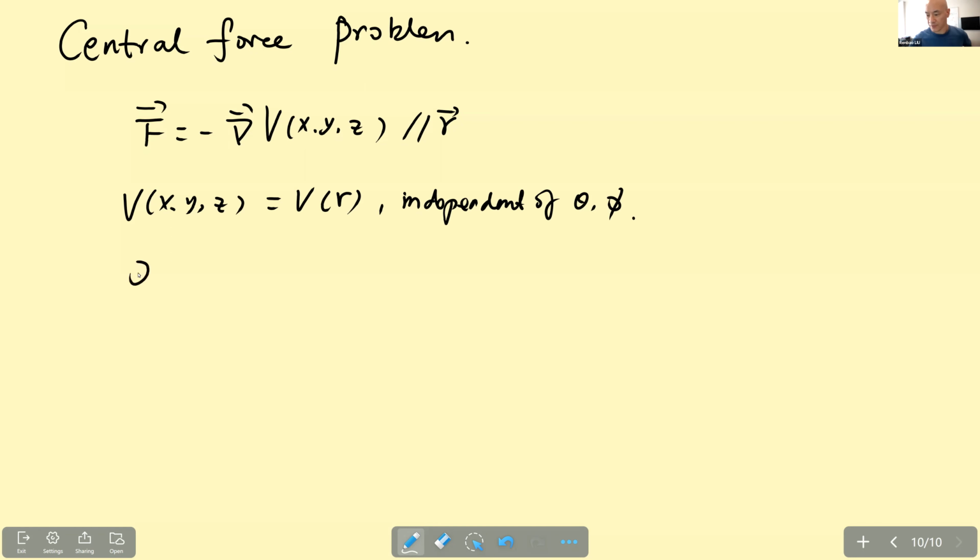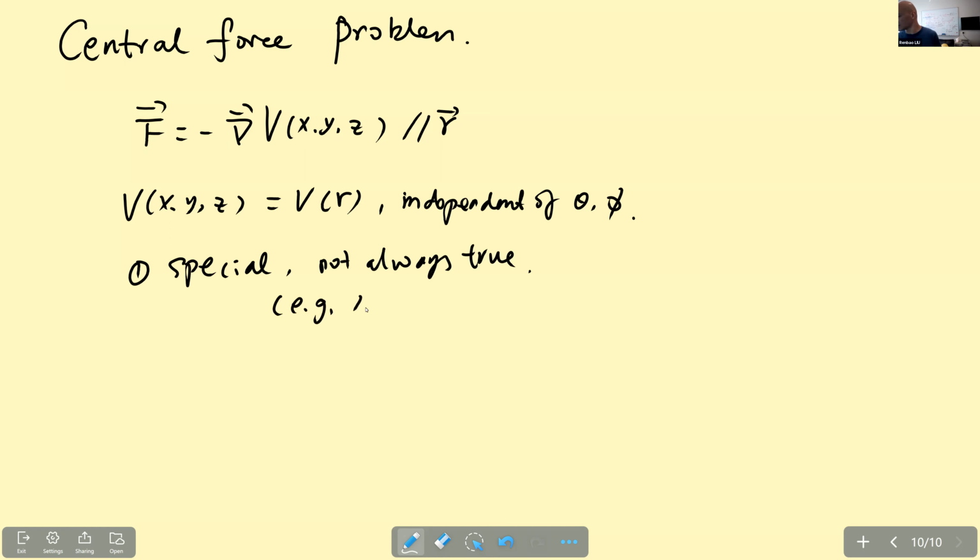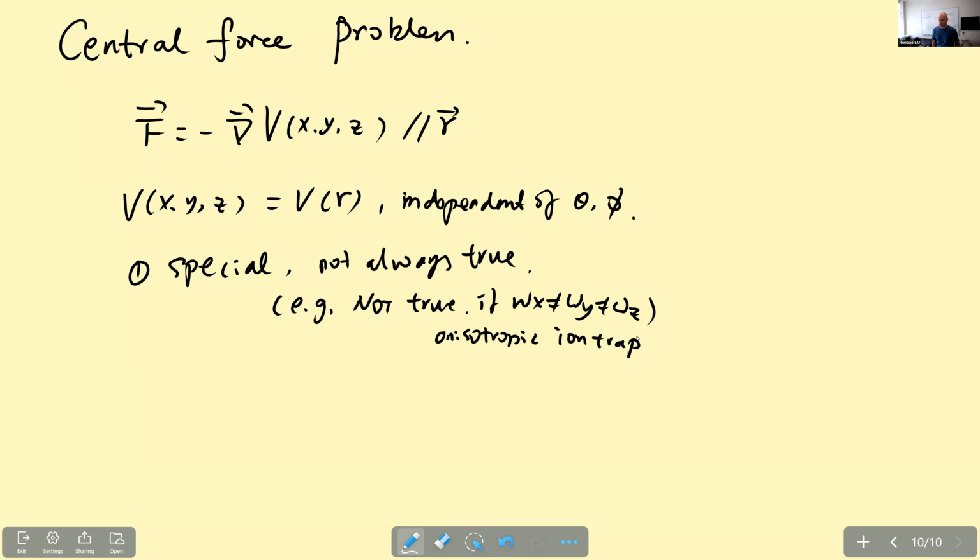So this one, first of all, it's a special force. Okay. Not always true, right? Of course. For example, it's not true if omega x does not equal omega y, does not equal omega z, in the harmonic oscillator. So that's called an anisotropic ion trap, for example. And this actually is often the case in experiments.